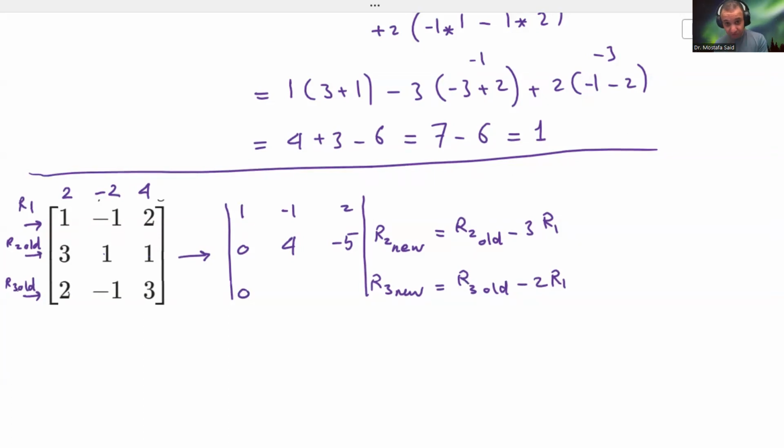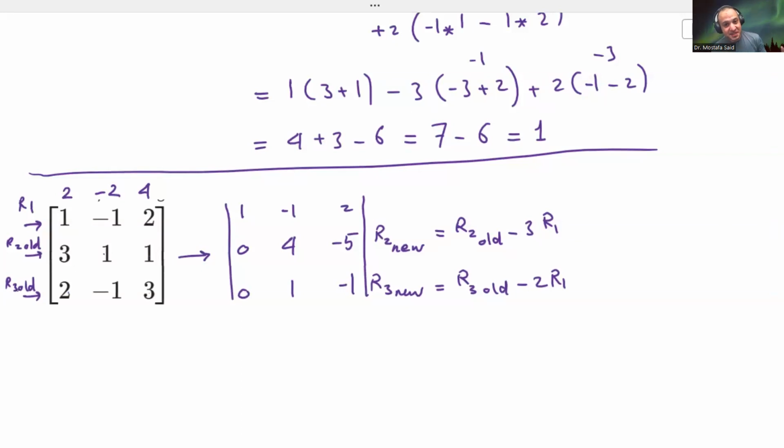It must be 0. If something else happens, then you have a very big mistake, because we are reducing it to 0. We want it to be 0. Minus 1 minus minus 2 will be plus 1. Then 3 minus 4 is minus 1.